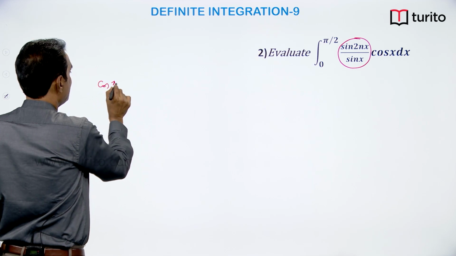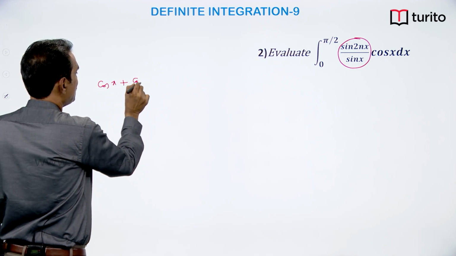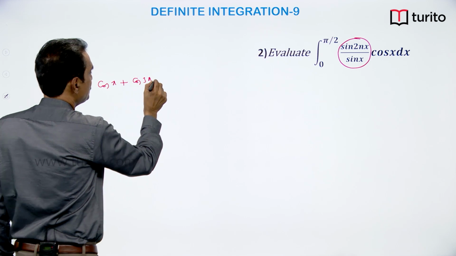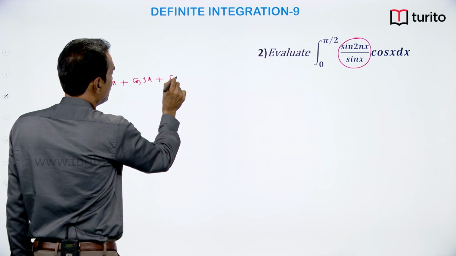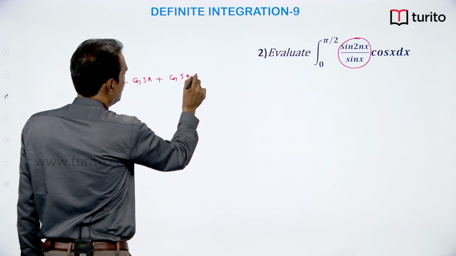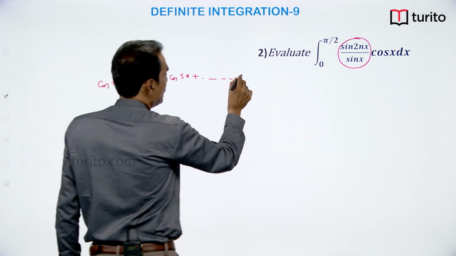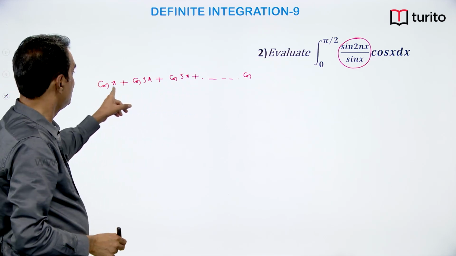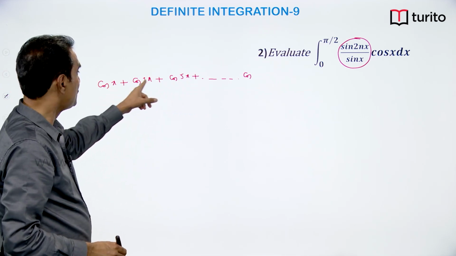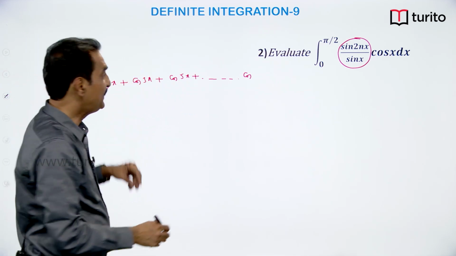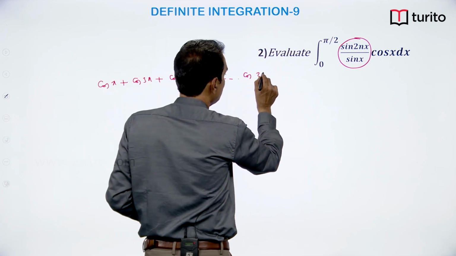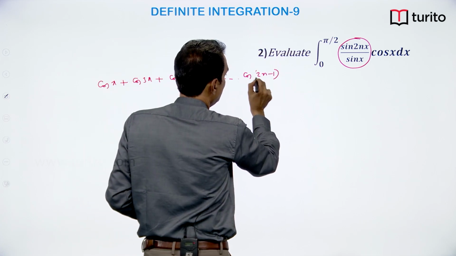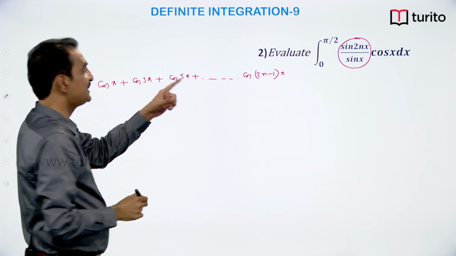If you take cos x plus cos 3x plus cos 5x and so on, see what is the nth term of the series? Odd multiples of x. So, the nth term will be 2n minus 1 into x.